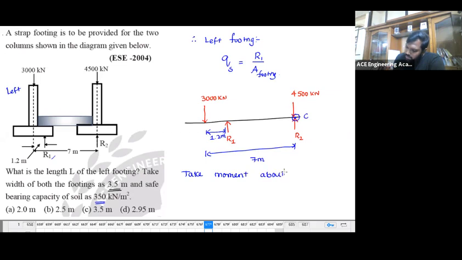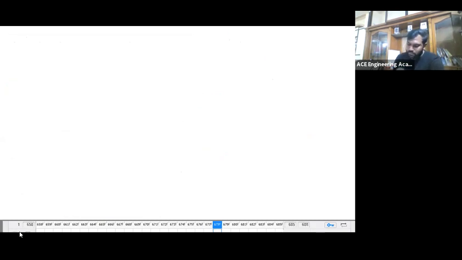If you take moment about point C, then the clockwise moment is going to be 3000 into distance 7. And the anti-clockwise moment is nothing but R1 into 7 minus 1.2. Please find out the R1 value.